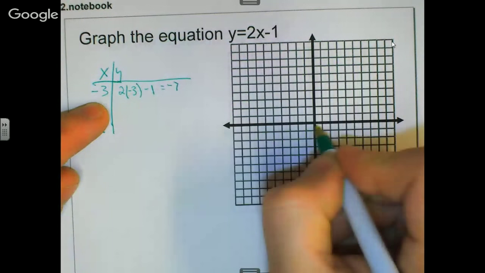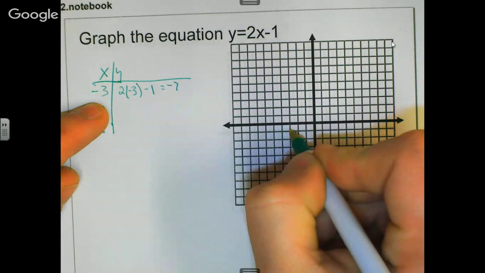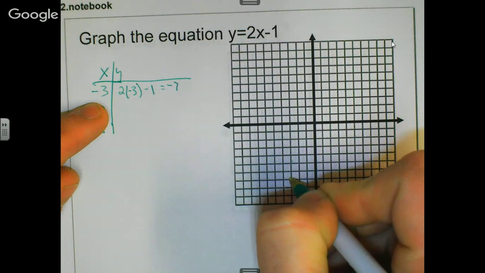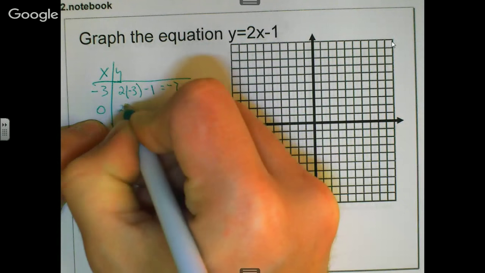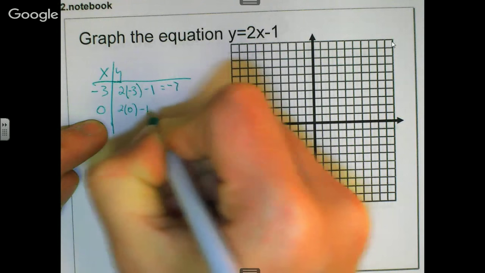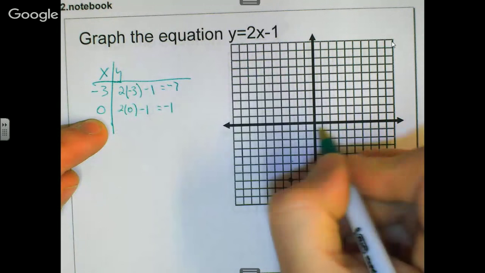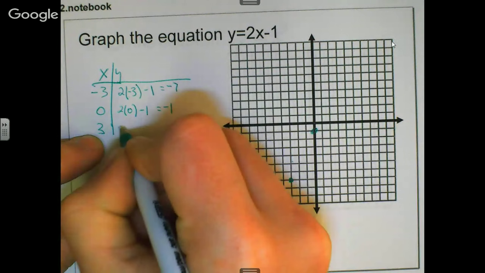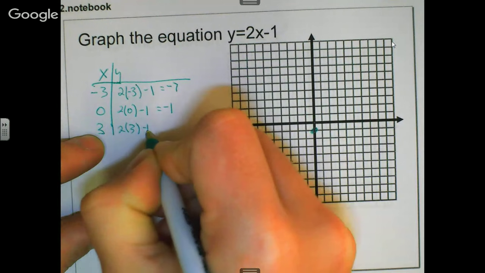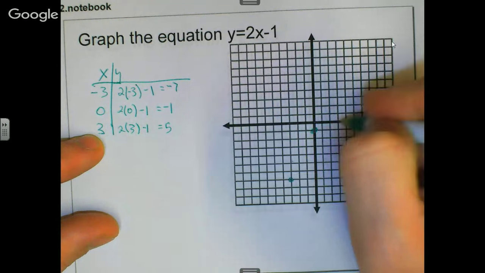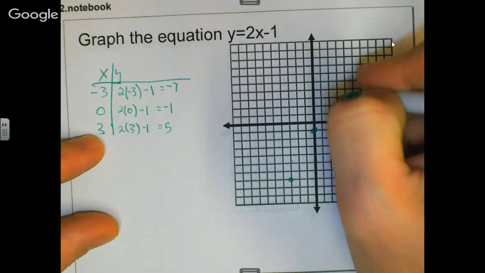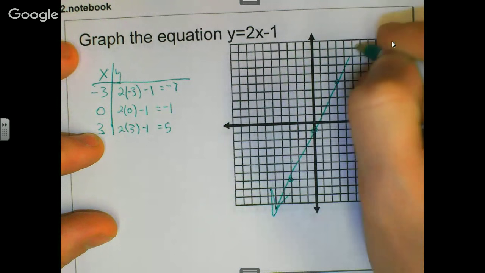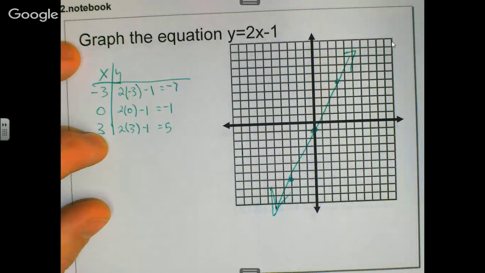So the ordered pair -3, -7. Right there. 0: 2 times 0 minus 1, so I have 0 minus 1. And 2 times 3 minus 1 is 5, so 3, 5. And so I have that linear graph right there.